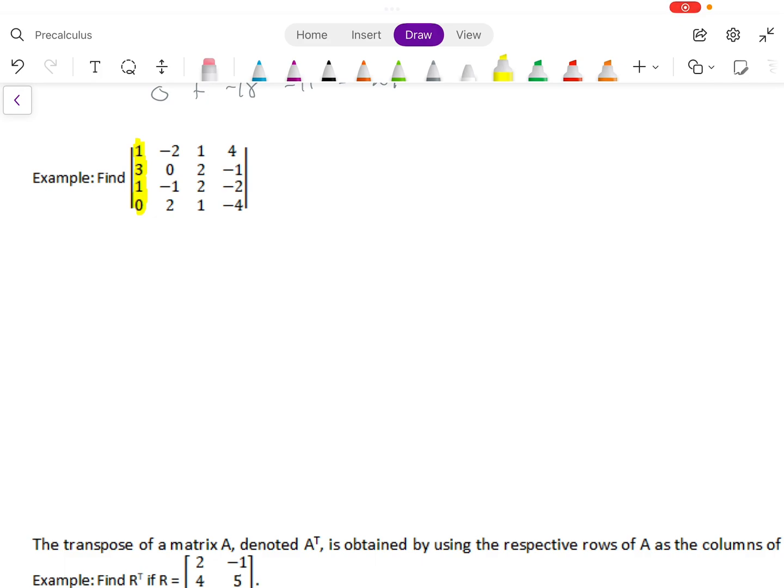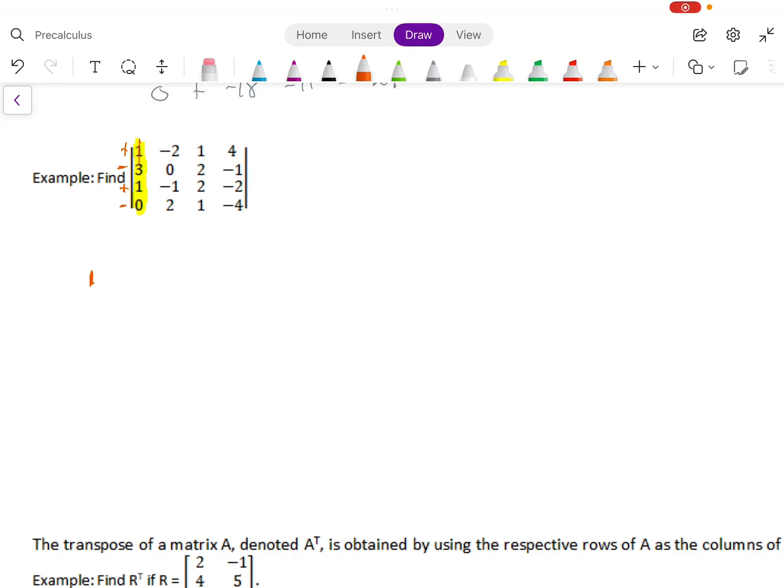We're going to take the 1 at the very top and multiply by its cofactor. So this is going to be plus, minus, plus, minus. So we have 1 times its cofactor.